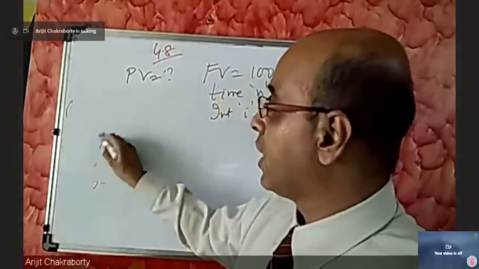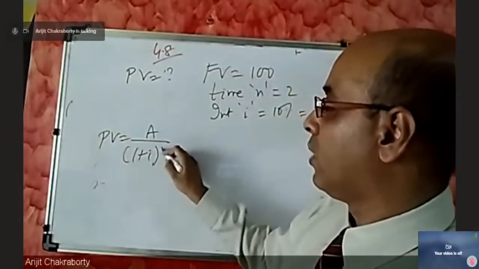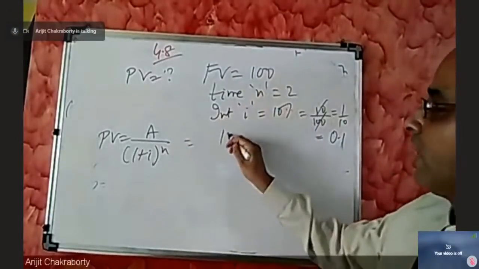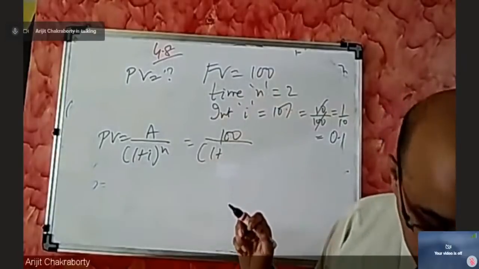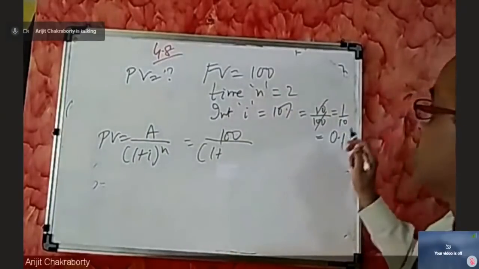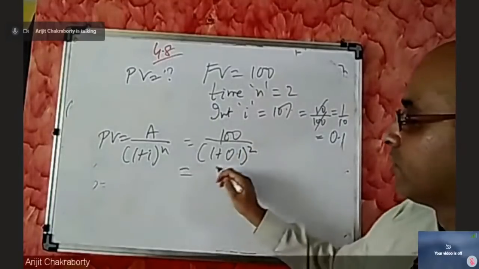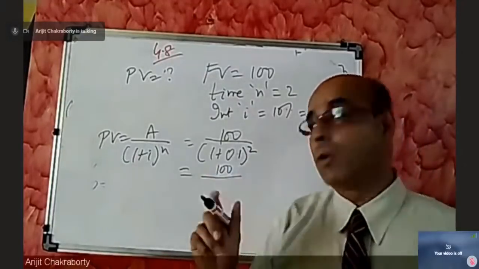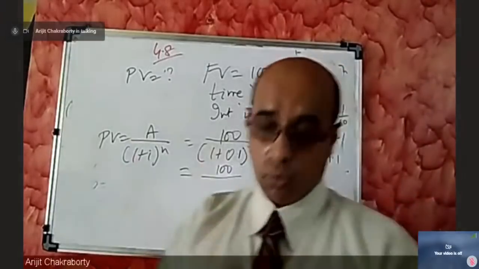We have to find out the present value. We know that present value is equal to A by (1 plus I) to the power N. So A is 100 rupees, divided by (1 plus I), where 10% is 0.1, so 1.1 squared. So this is 100 divided by 1.1 squared, which is 1.1 into 1.1. You can use your calculator.